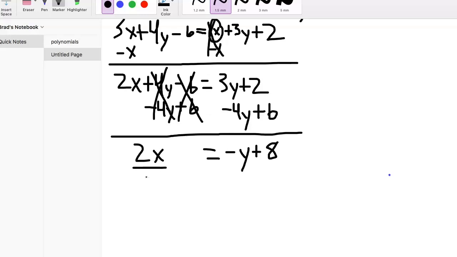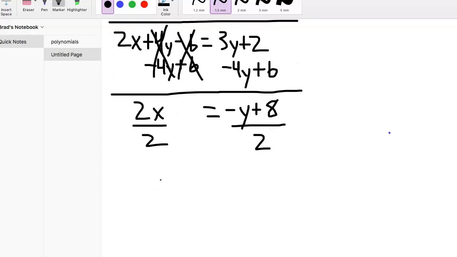Okay, all that's left here, divide each side by 2. What are we left with? x equals, and so we have negative y over 2. That's just going to be written as negative 1/2 y, and 8 divided by 2 is 4.